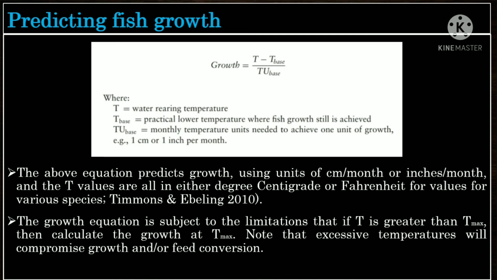The growth equation is subject to the limitation that if T is greater than T max, then the growth is calculated at T max. Note that excessive temperatures will compromise growth and or the feed conversion.